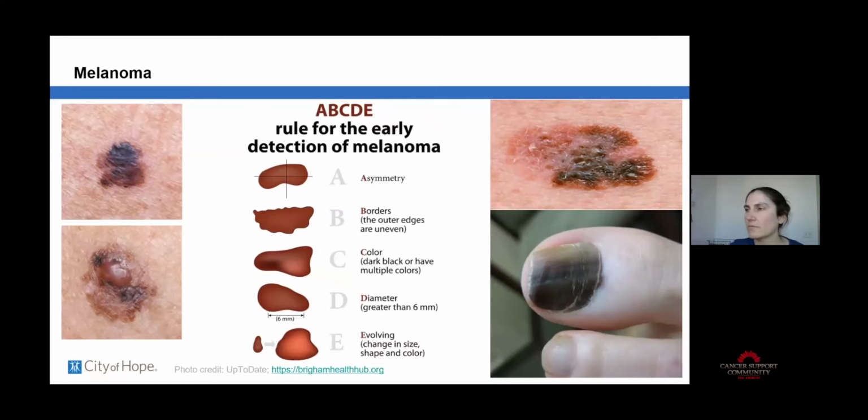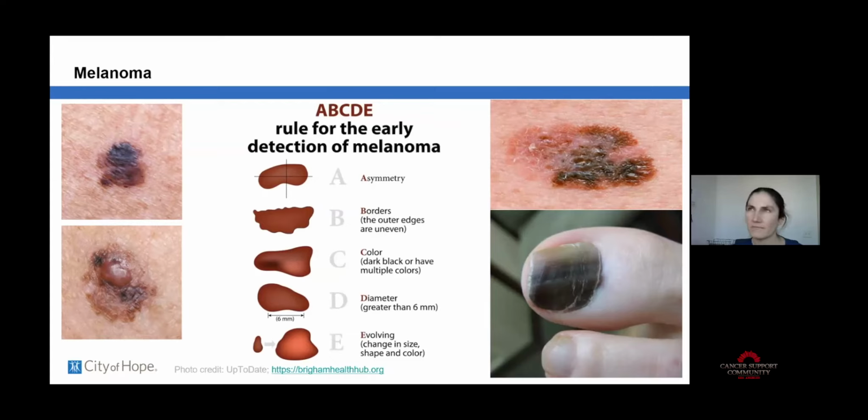With melanomas, there's a rule called ABCDE to help identify these lesions. There are 5 characteristics that you should be on the lookout for in terms of finding them on yourself. A is for asymmetry.